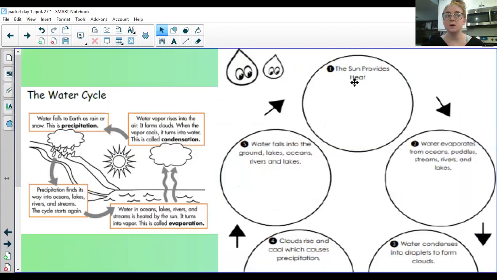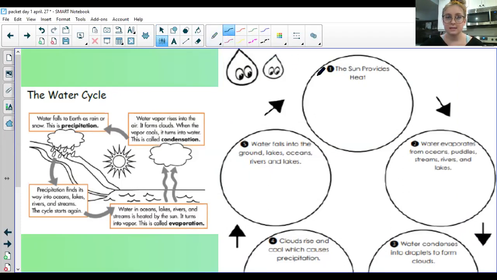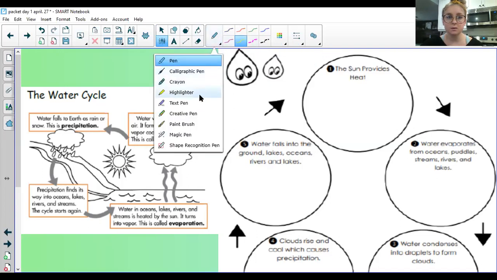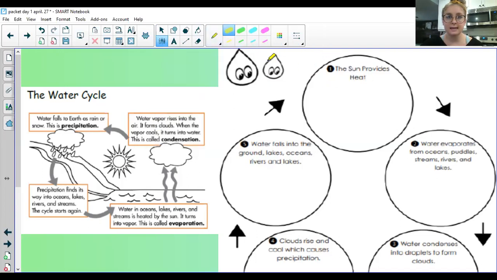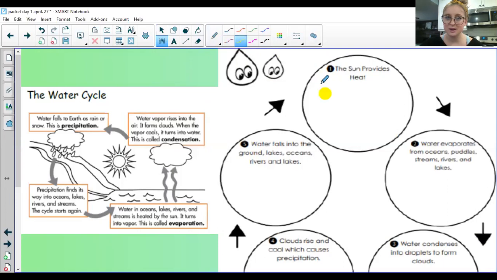So what they want you to do is they want you to draw a picture. So when I draw a picture of this, it says the sun provides heat. I'm gonna draw a sun-like blurb. There he is. Bear with me, friends. I am drawing on the computer, so this might not be the prettiest picture you've ever seen.